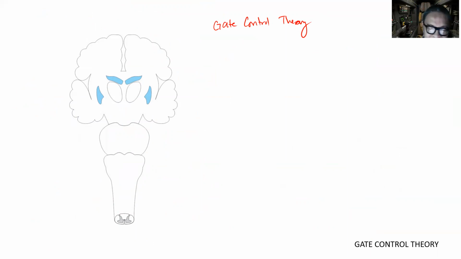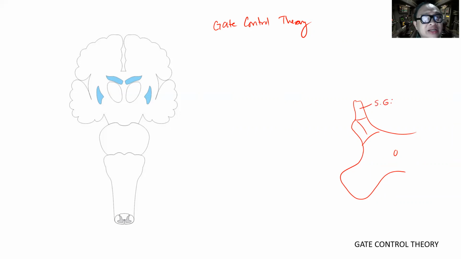Gate control theory involves your, let's draw your gray matter in your spinal cord. Remember, it's like this. This is your substantia gelatinosa, okay? So when you're talking about pain, temperature, crude touch, they synapse, this is your dorsal root ganglion, they synapse in your substantia gelatinosa.